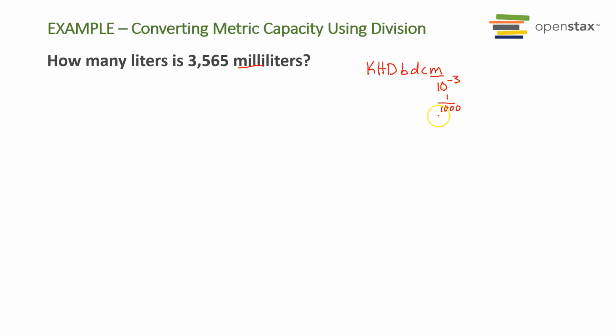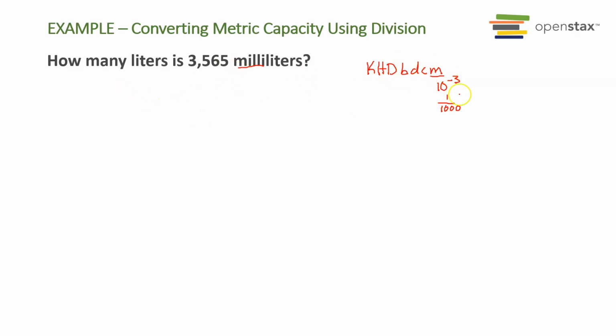So 10 to the negative 3 is 1 over 1,000. It's 1,000th of it. So what that really means is, whatever your base unit, there's 1,000 of those milli whatever. So if it's a liter, then 1 liter is 1,000 milliliters.